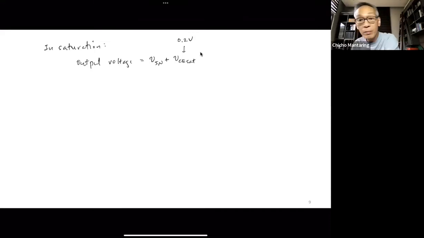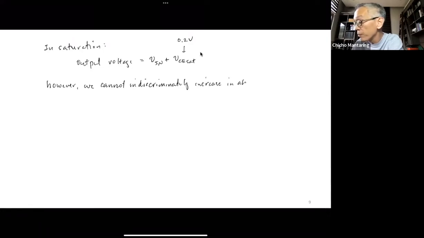However, we cannot indiscriminately increase in absolute value V in. Hindi pwedeng basta-basta increase natin in absolute value yung V in, no?